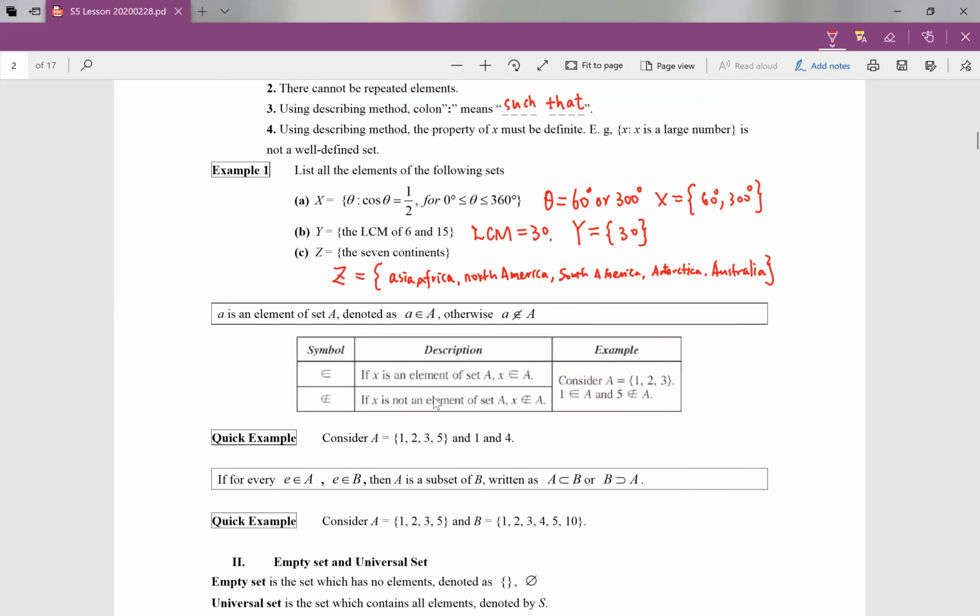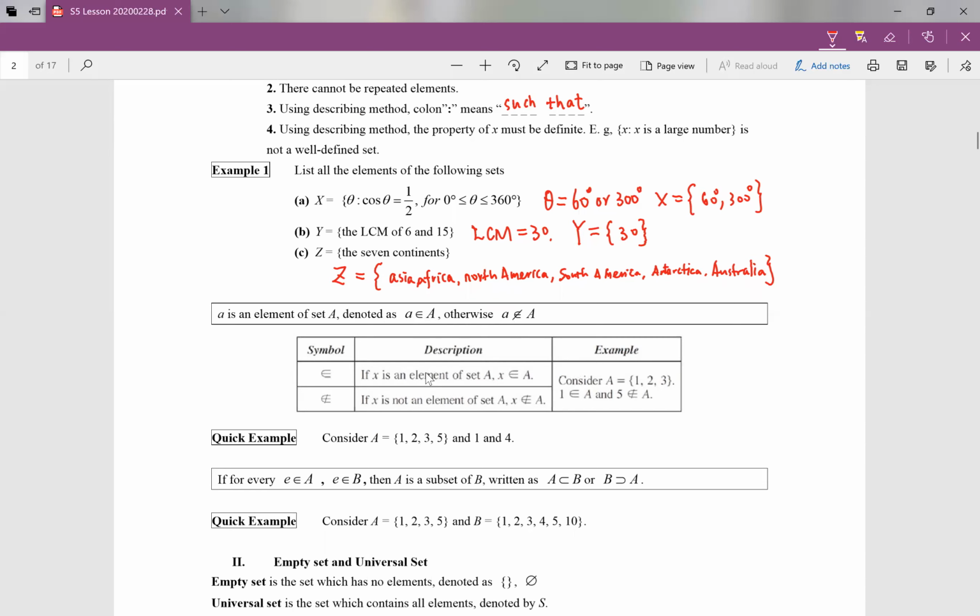Moving on. If a is an element of set A, we can say that a belongs to A. This symbol means belong to. If a is not an element inside A, we use this symbol that means does not belong to.